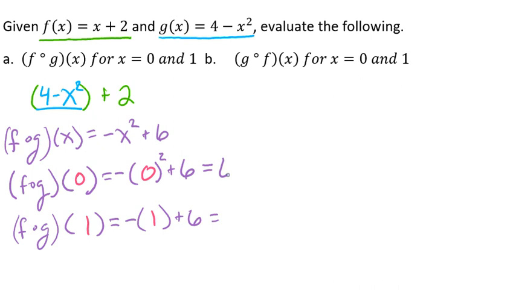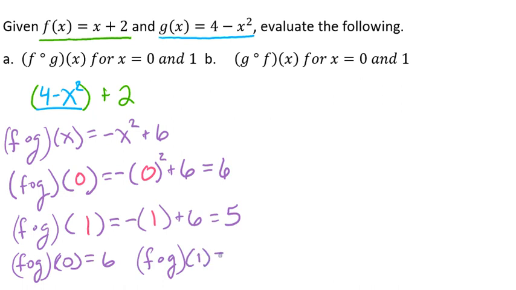And so for f of g of 0, I'm going to get a 6. And for f of g of 1, we're going to get a 5. So we would write f of g of 0 equals 6, and f of g of 1 equals 5. And so there's those two answers.